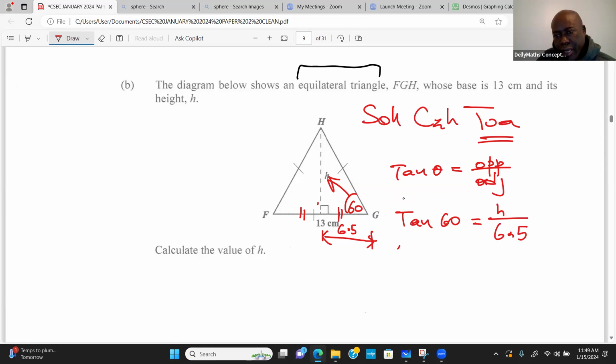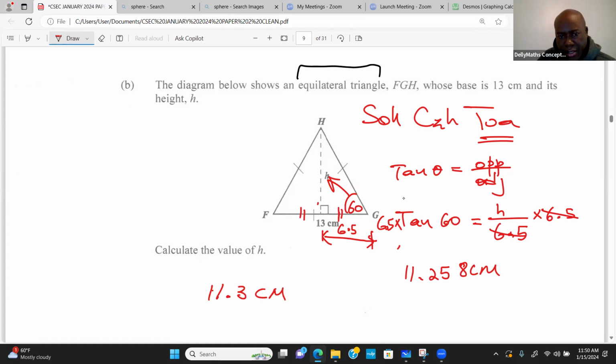At the end of the day, if we multiply both sides by 6.5, 6.5 times the tangent of 60 is going to take us out. And that response is 11.258 centimeters. All right, so I'm just going to use three significant figures. So it's going to be 11.3 cm.